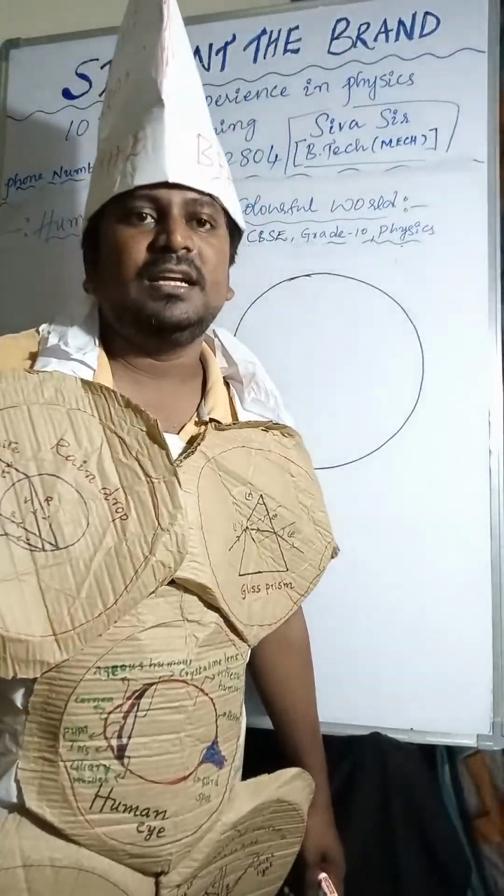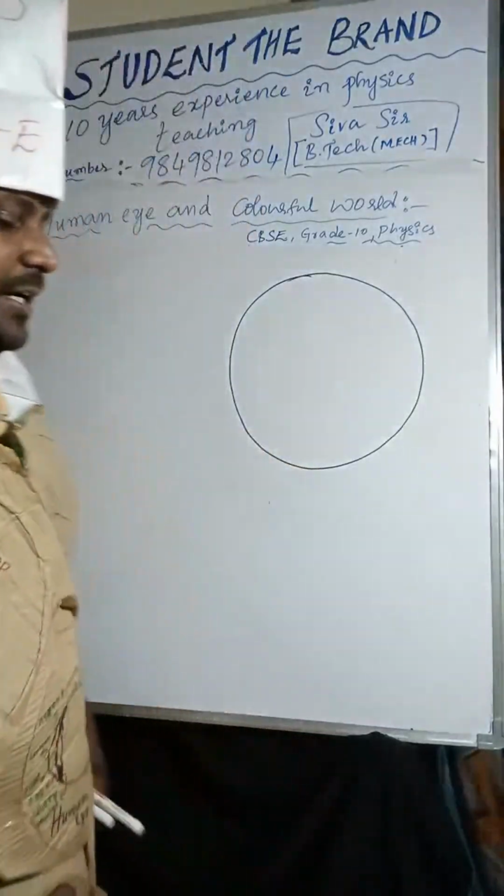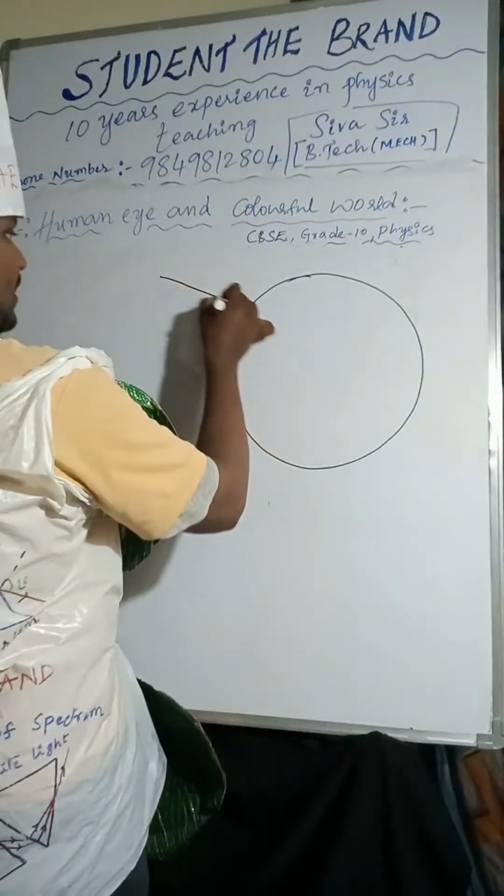Whenever light falls on it, it's split into 7 colors. So I am considering here, like this.